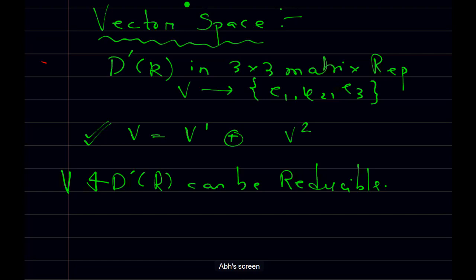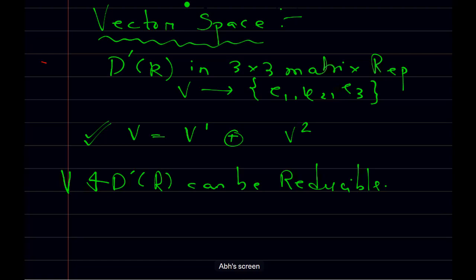So if the reverse happens, that D prime of R is a matrix representation using V, which is a larger vector space, and it turns out that your larger vector space can be broken down into two subspaces, then it's a clear indication that you should find the matrix representation of the group element R in the vector space V1.